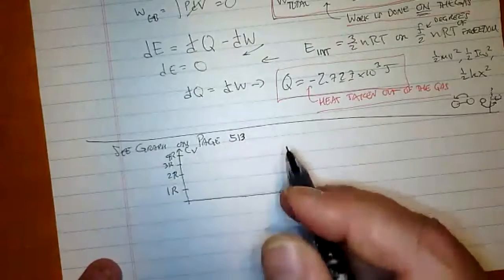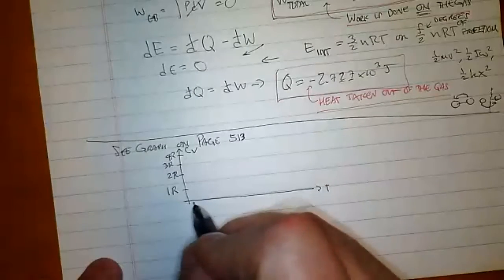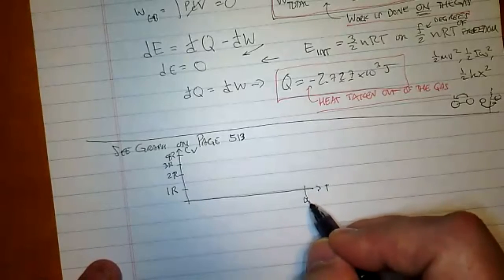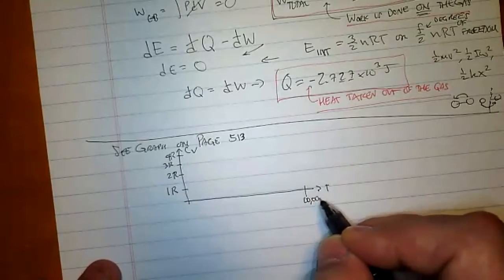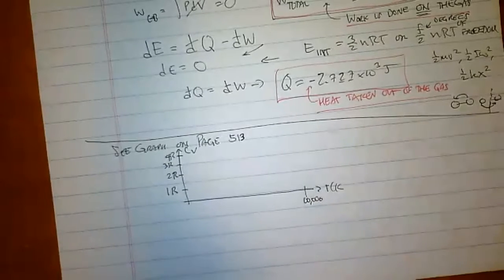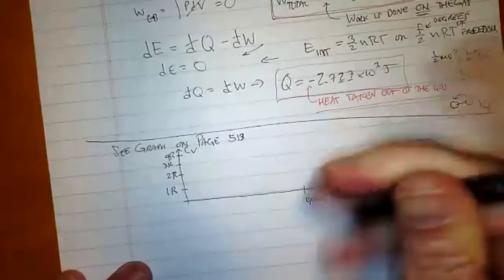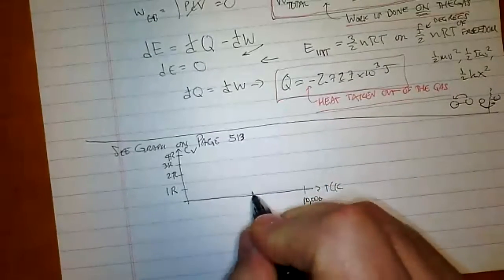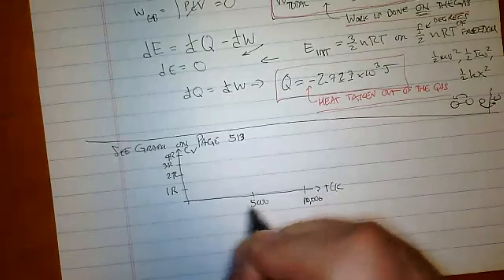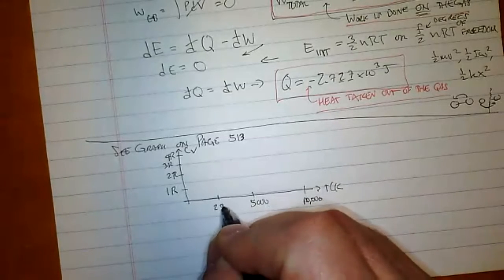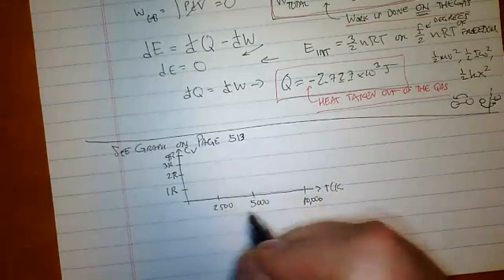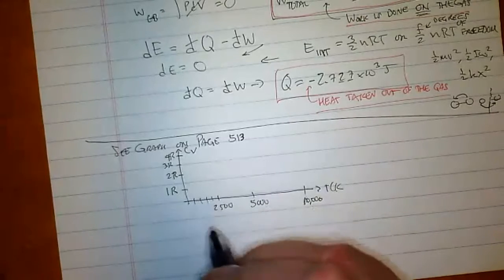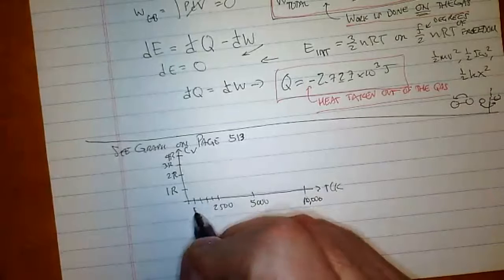And lo and behold, what we see is basically this would be, let's call this temperature 10,000, and it's in Kelvin. We'll cut that in half and say that's 5,000. We'll cut that in half and say that's 2,500. And then of course we could break that down into 5, and each of those would be 500.